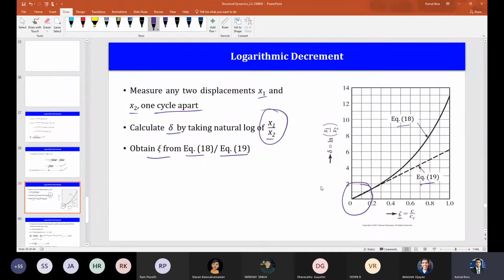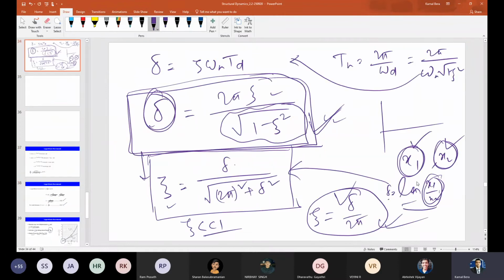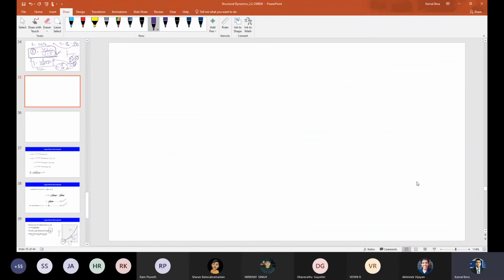There is some difference, but it is insignificant. So you can conveniently use either equation, whichever you prefer. But as the damping ratio increases, like 60% or 0.6, then there is a substantial difference. As we have discussed, it is experimentally preferable to measure 5 or 6 cycles, so that you can take an average value.